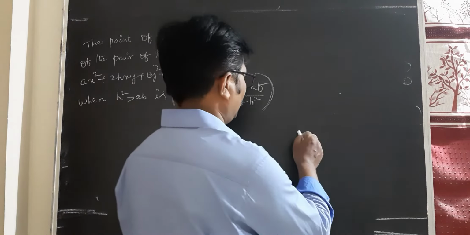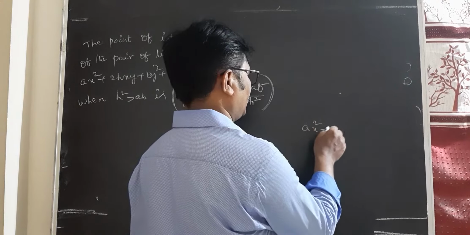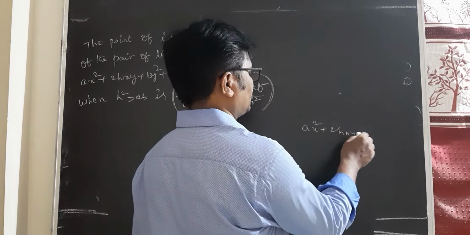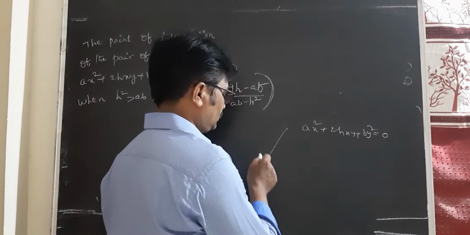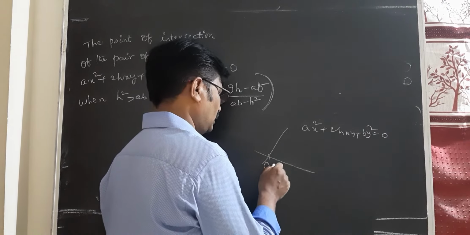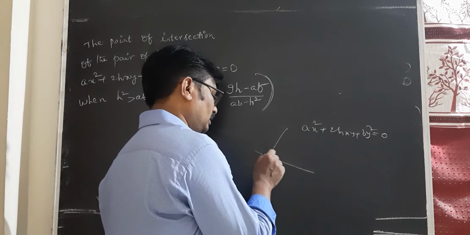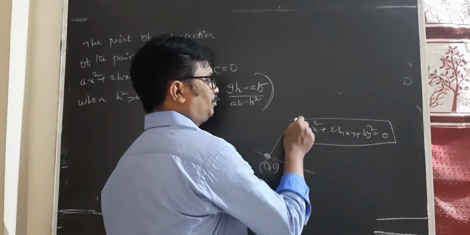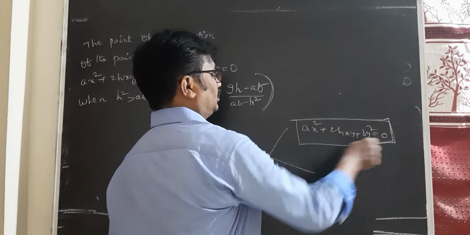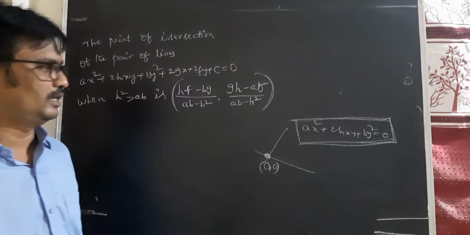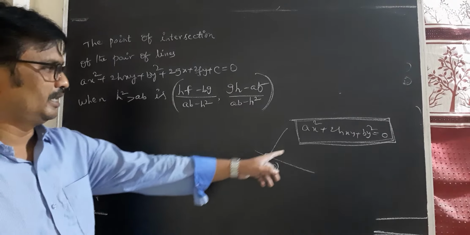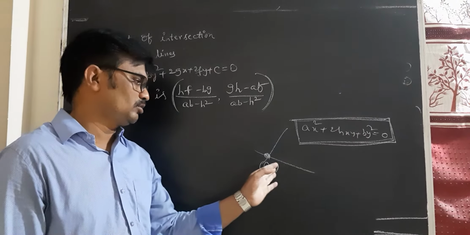My dear students, we know that ax square plus 2hxy plus by square equal to 0 is the pair of lines which are passing through the origin. The point of intersection of the pair of lines represented by this equation is the origin, since both are passing through the origin.